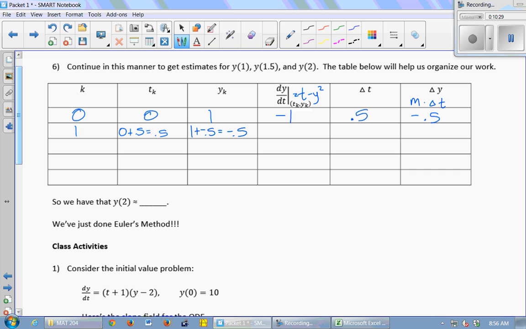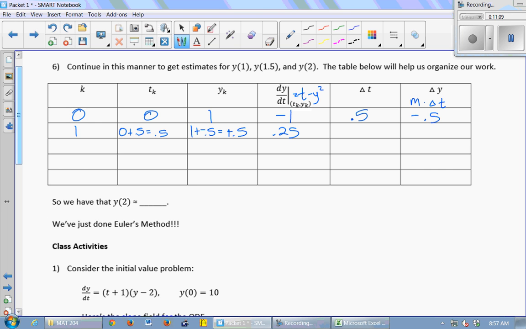So I plug in the t, a half, plug in the y, a half. y sub k is positive 0.5, yeah. Sorry. So then my dy dt comes out the same because you square a positive or a negative. So I have a half minus a quarter, which is a quarter.